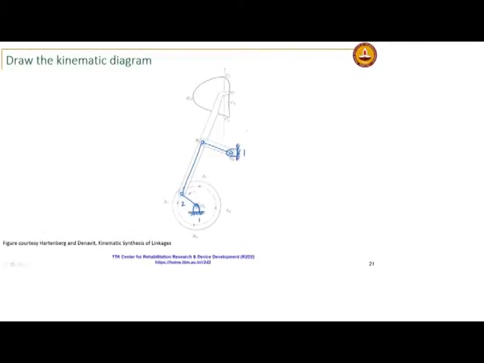So, 1, 2, 3, 4, I have 4 links, and typically if you have a point of interest, for instance, this mechanism is used to advance a film strip. It is a 4 bar linkage, but really the point of interest is this point C, because you are interested in the path that it follows.